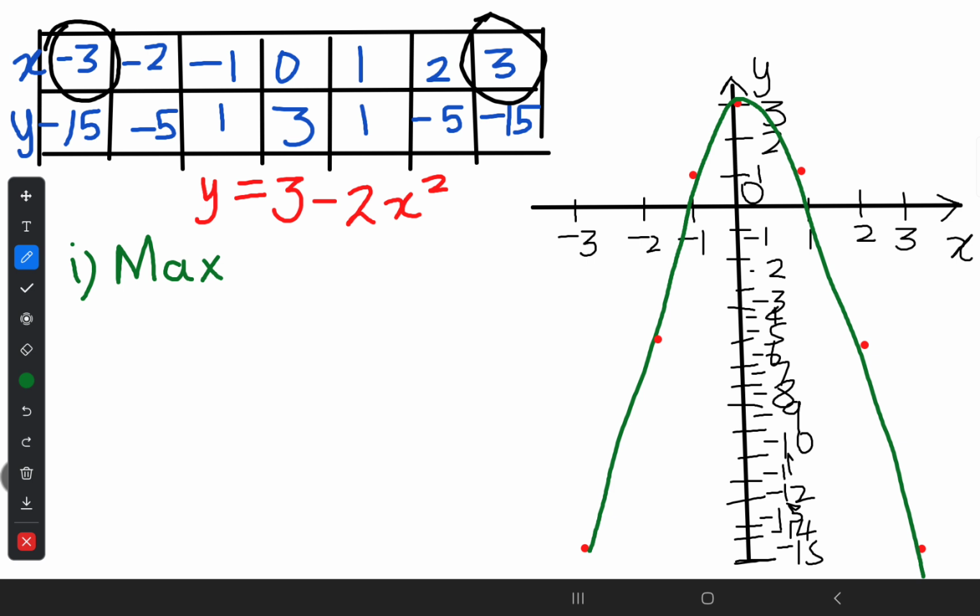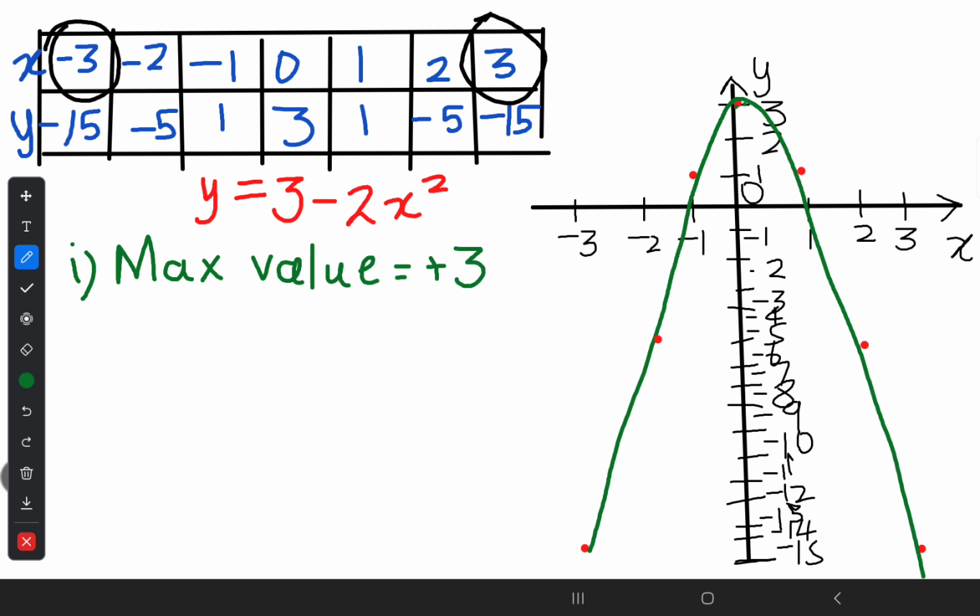The graph is increasing and then decreasing. The maximum value would be this one. The maximum value of the function would be positive 3. Positive 3 is our maximum value.